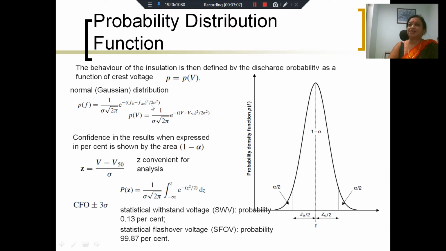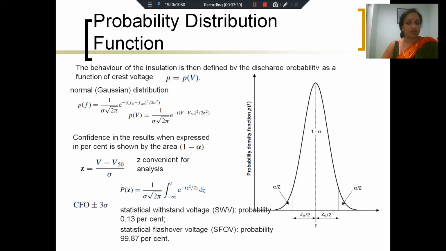f average is the average value of f throughout the distribution. Sigma is the standard deviation of the distribution. So this is your probability distribution function of any random variable f. If you transfer it to the breakdown voltage V, this is how I write it: P(V) is equal to 1 by sigma root 2 pi e to the power minus (V minus V50) whole square by 2 sigma square.